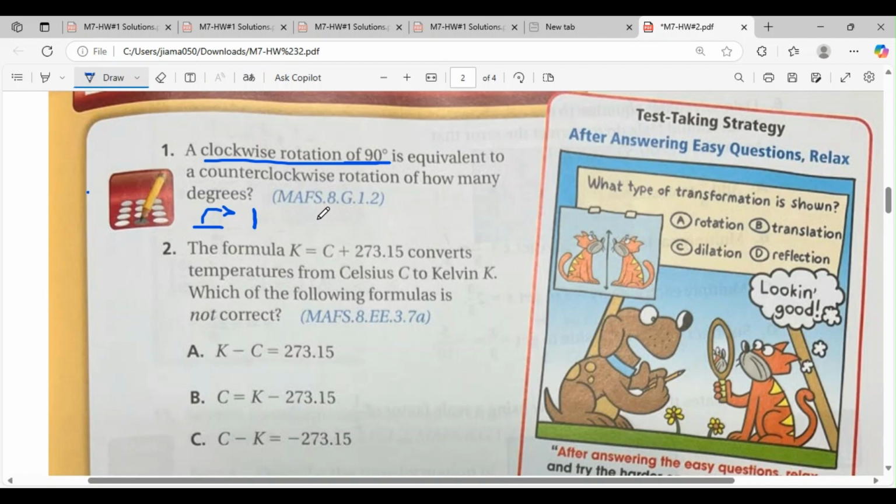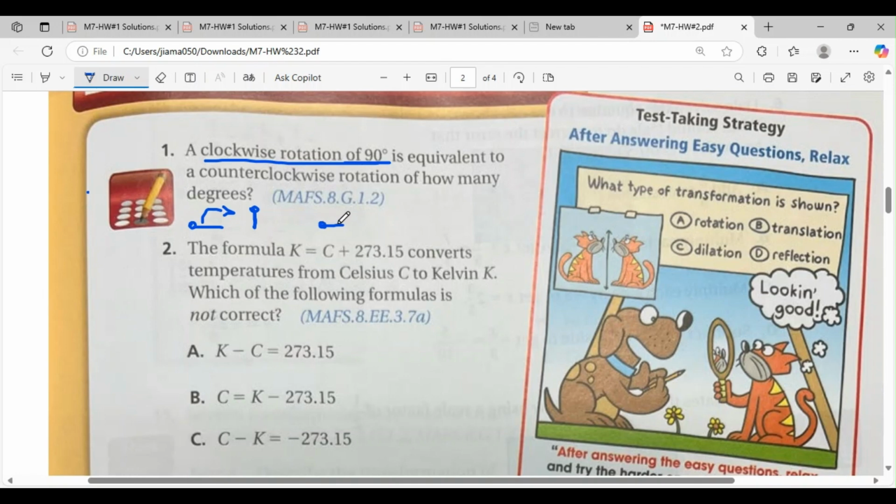Okay, let's figure it out. This is the original line, and we should mark the vertex of the line like this. Okay, this is the same vertex.